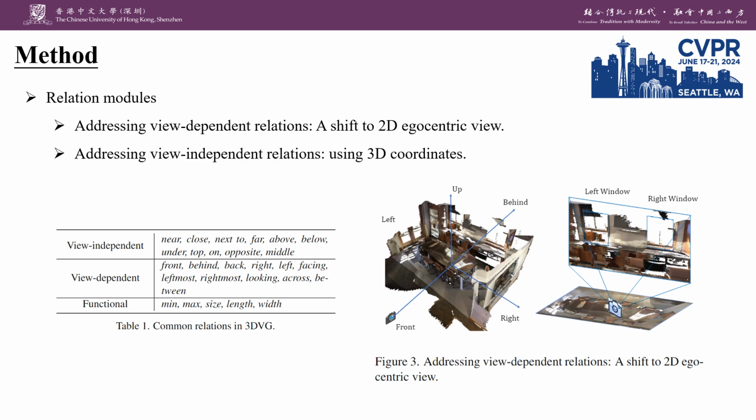For instance, from one angle, a keyboard might appear to be in front of a monitor, but from another angle, it might appear to be beside it. And the functional modules are designed to execute specific tasks, such as filtering objects by their attributes or computing spatial relationships.